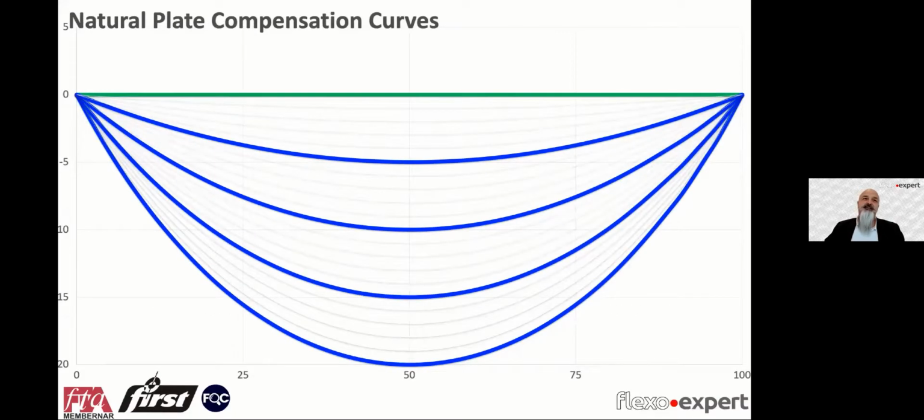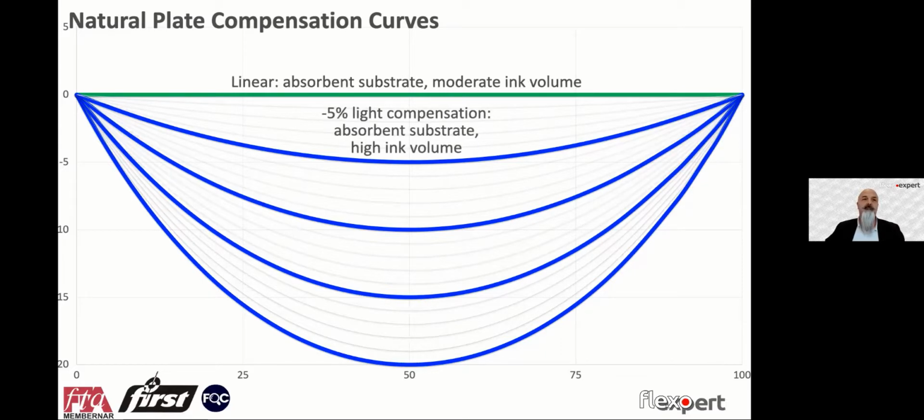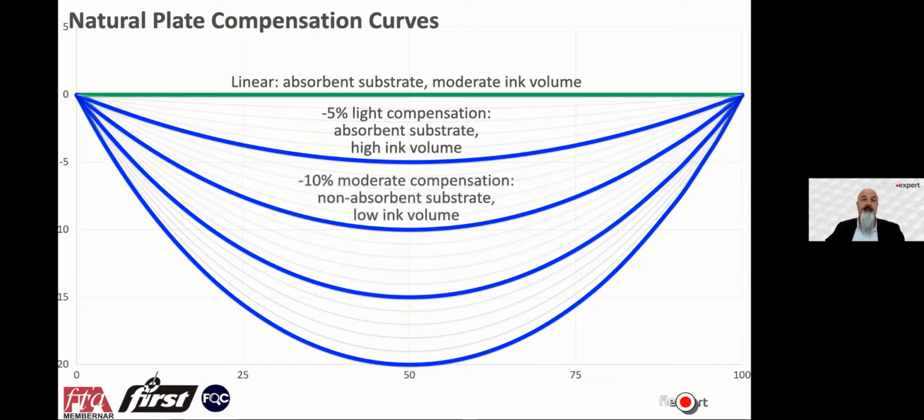With this method, it is very easy to define preset compensation curves, like a linear condition for absorbent substrate with a moderate ink volume, or maybe a -5 that gives a light compensation for absorbent substrate and a higher ink volume, or a -10, a moderate compensation for non-absorbent substrate and low ink volume.